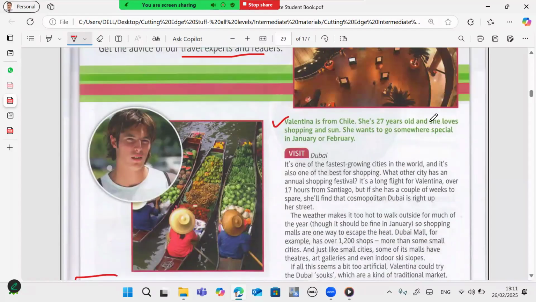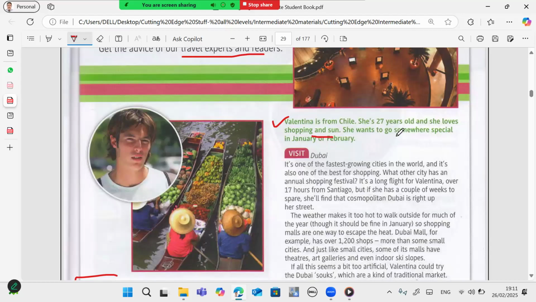Okay. Yes. So before you read the program, read about the interests of each one. Okay, she's from Chile. She's 27. She loves shopping and sun.